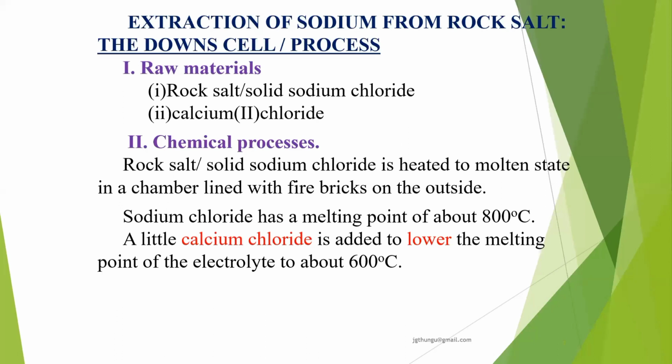If the anode is connected to the positive terminal, that means that anode is positive. So don't confuse this with the electrochemical cell. In the electrochemical cell, where oxidation was taking place, that electrode was the negative terminal.